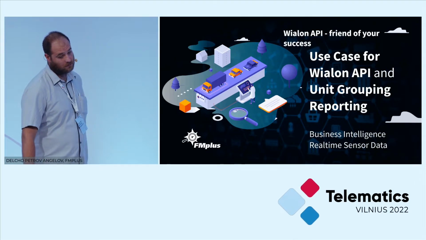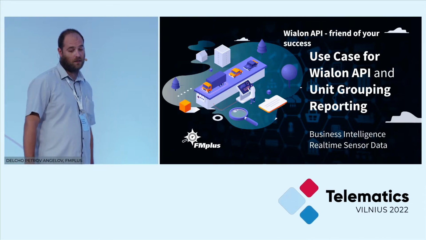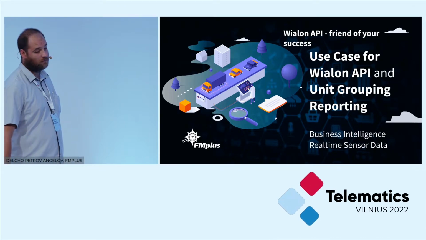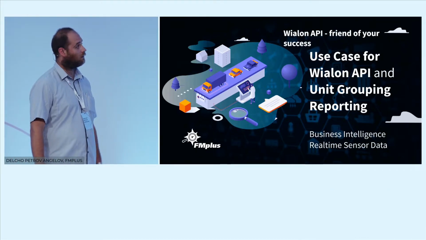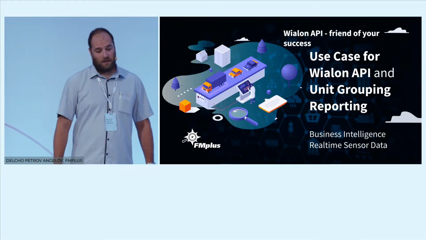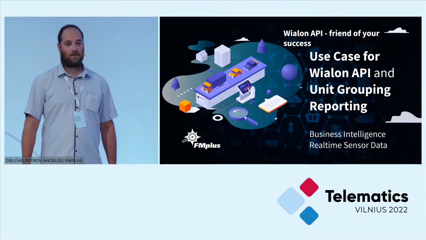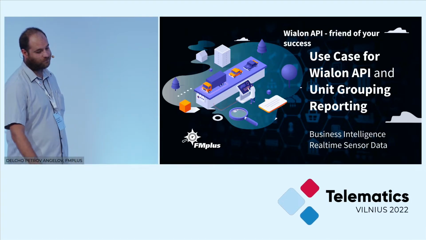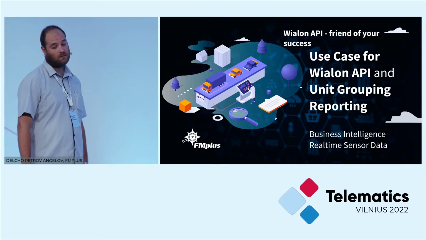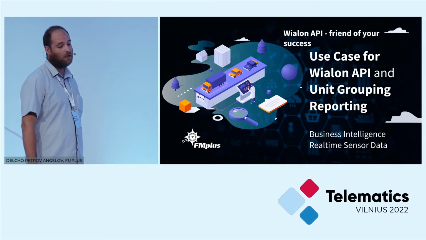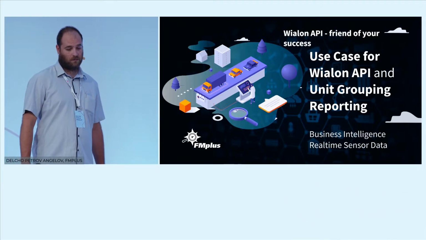In this presentation, I will show you how we used Wialon API and Wialon unit grouping to create some reporting features and to lay the foundations for building a dedicated business intelligence data model that can be used by customers to slice and dice fuel consumption data and vehicle maintenance costs, and at all times to be able to break down the data by departments or other organizational units in your customer company.